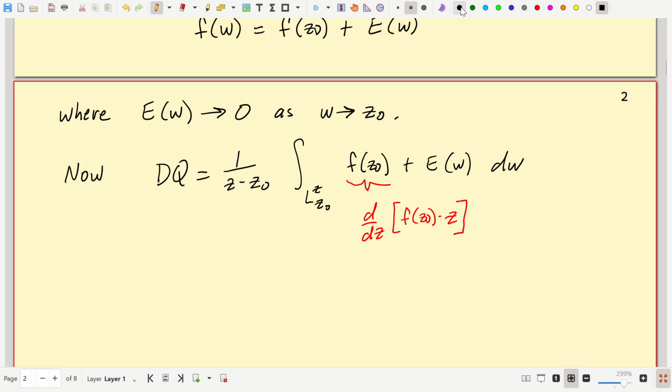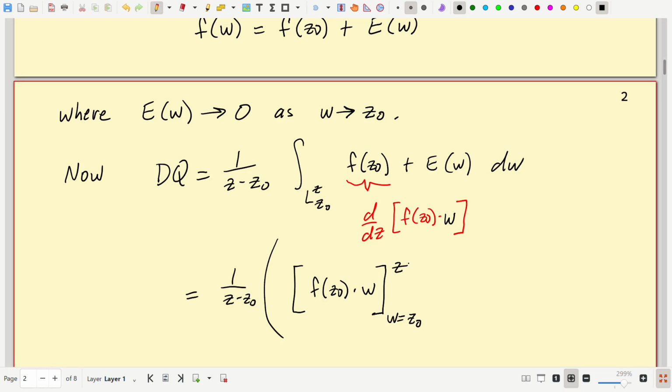And so what I get, I would get 1 over z minus z naught, and then for that first integral, I would get f of z naught, let's see, it's actually times w, f of z naught times w evaluated between w equals z naught and w equals z, which is going to give me a z minus z naught there, plus something I hope is going to be small.